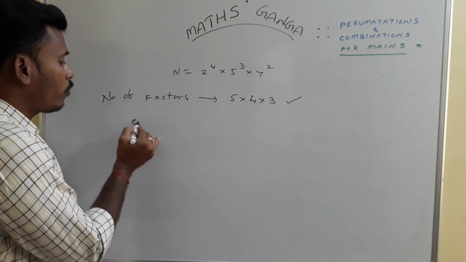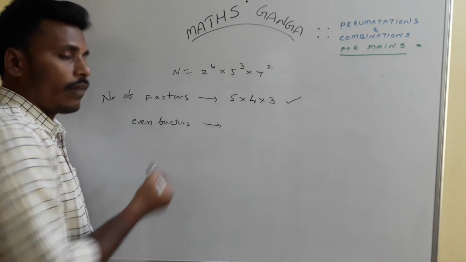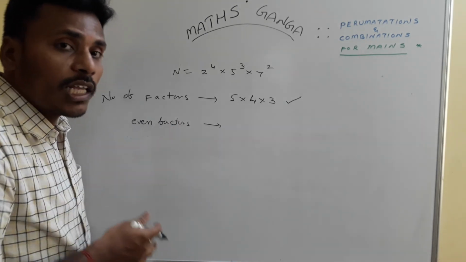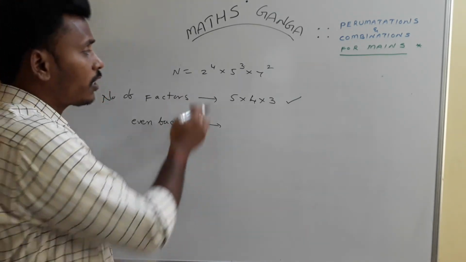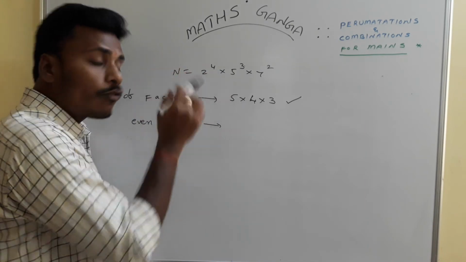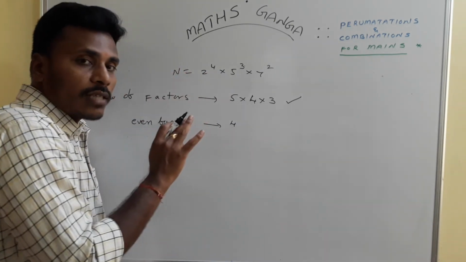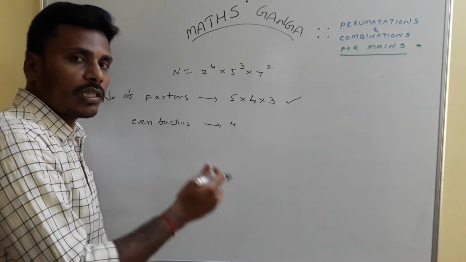For example, if they ask you to find the number of even factors, selection of no 2 is excluded. Since selection of 0 2's is excluded, from 2's we have only 4 chances. I may select 1 2, or 2 2's, or 3 2's, or 4 2's.